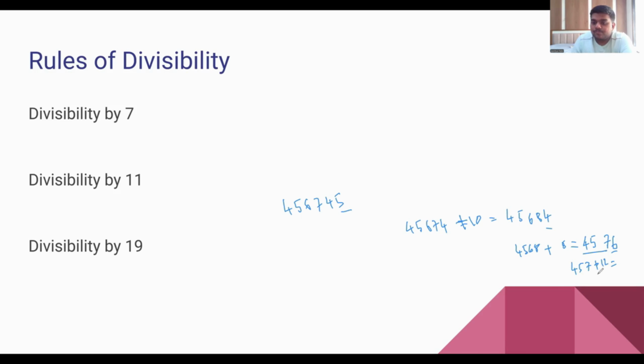This is 469. Now we do the iteration once again. So 46 plus 18. It is equal to 6 plus 8, 4. 4 plus 1, 6, 64. Now 64 is not divisible by 19.